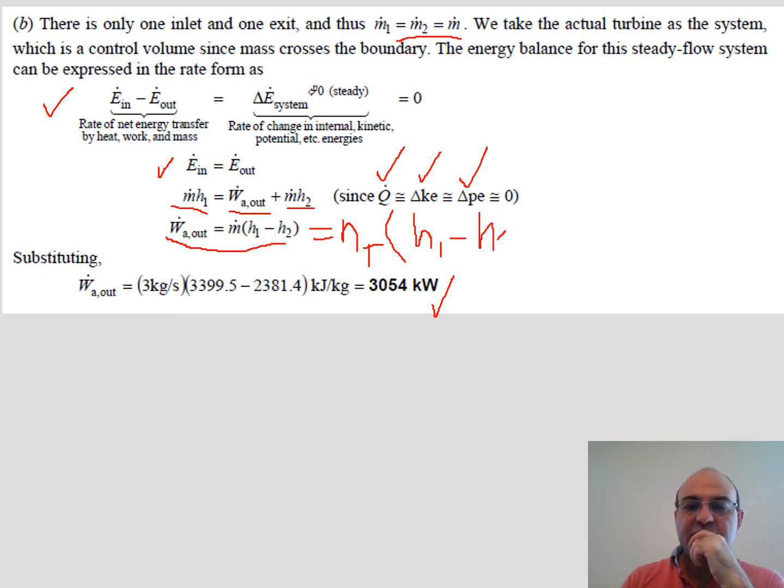So that would be another way of finding the turbine work directly using H2S. The H2 that you see here is H2A, and this H1 is just H1. H2 is H2A, the actual enthalpy at the outlet.